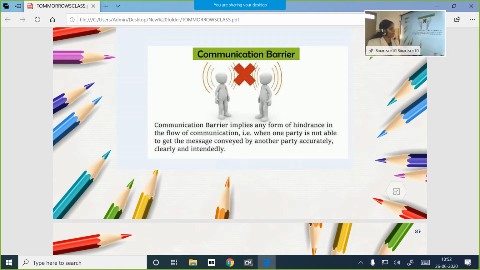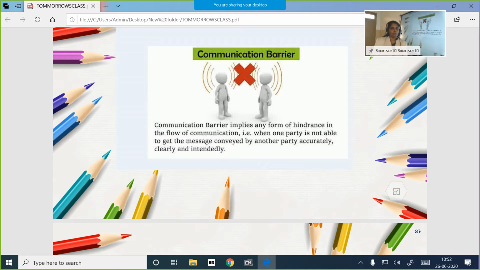So a communication barrier implies a form of hindrance, a barrier in the flow of communication, when one party is not able to convey the message to another party accurately, clearly and independently. If the communication is not clear, accurate and appropriate, we can't communicate.